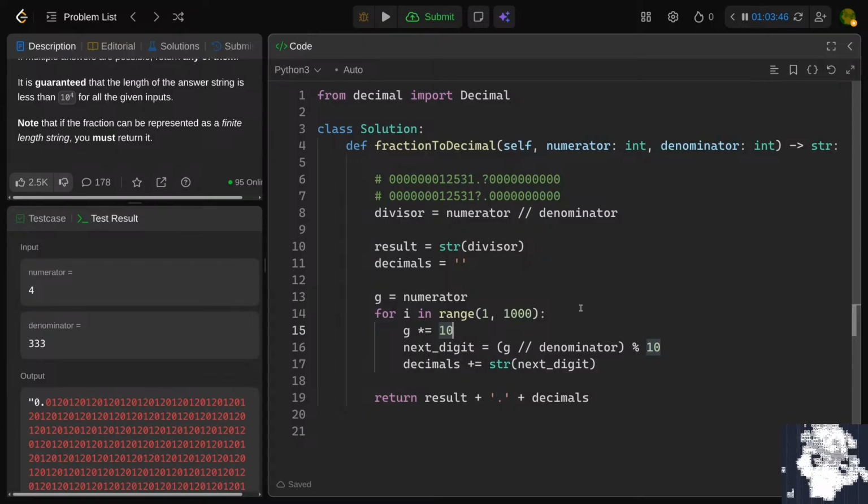The problem is G keeps getting bigger, so you never get back into the same state that you were.